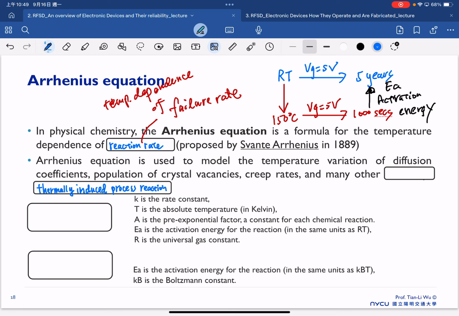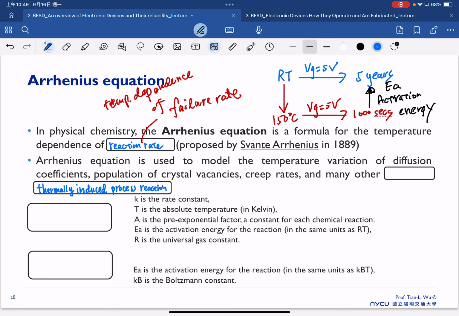For example, if you put food in a high temperature place, your food will start to spoil faster, because the high temperature accelerates the degradation. In the case of food, it's due to some viruses or bacteria that can grow faster at a high temperature, and that's the same thing in semiconductors.